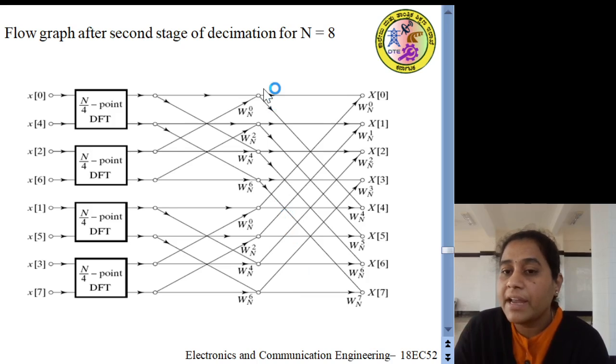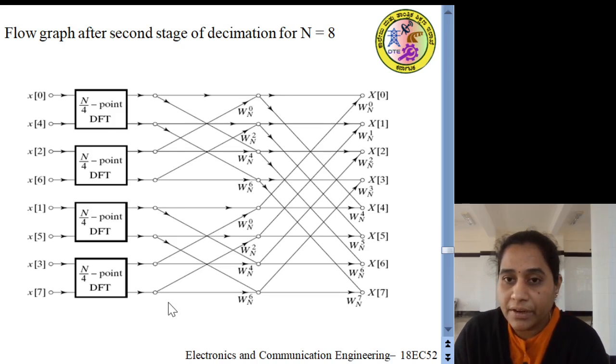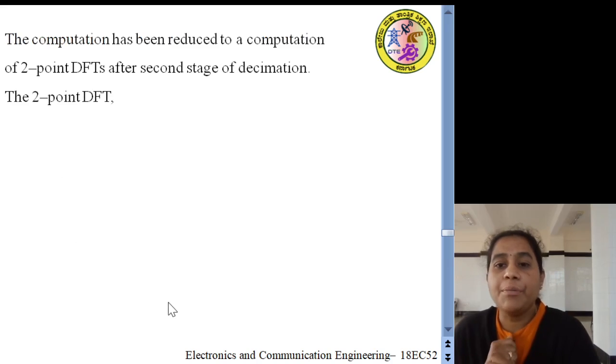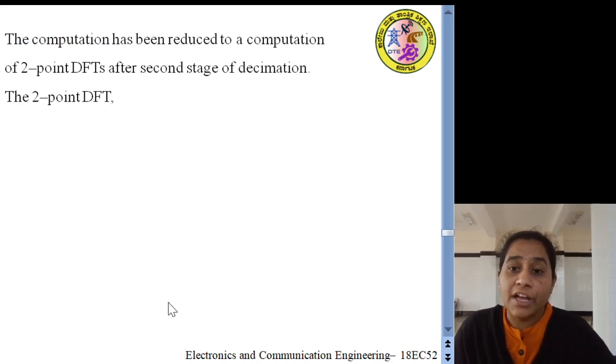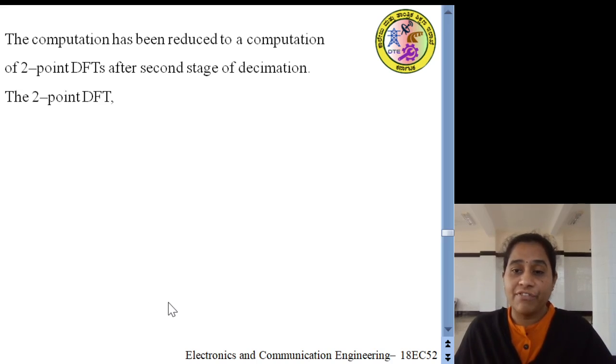Now we are dividing G[k] as well as H[k] into 2, that is a[0] to a[1] and b[0] to b[1], as well as c[0] to c[1] and d[0] to d[1]. So the computation has been reduced to a computation of 2-point DFTs after the second stage of decimation.